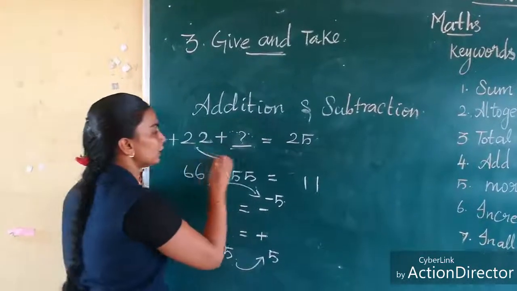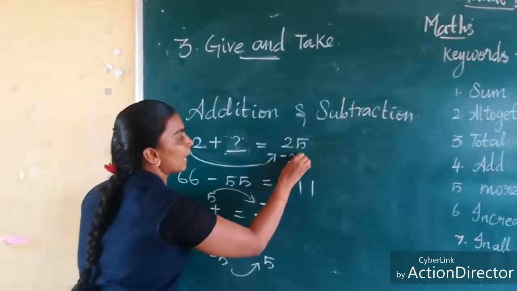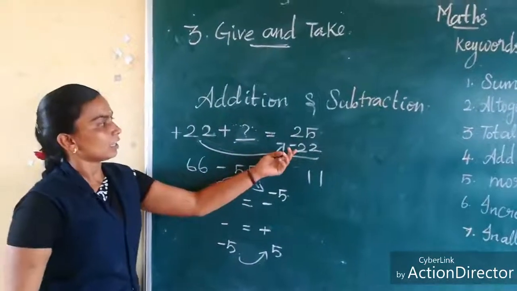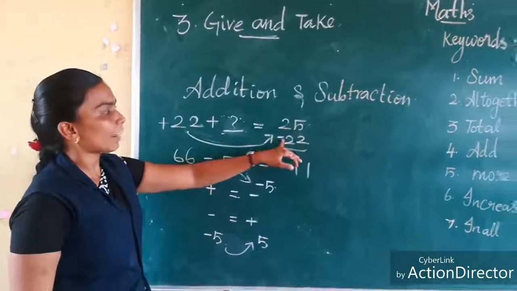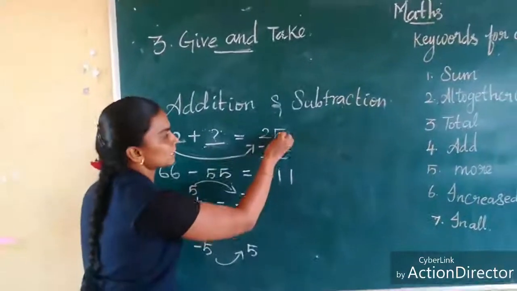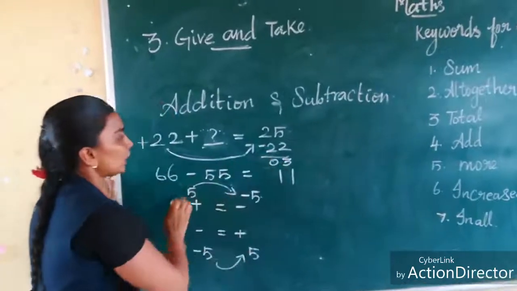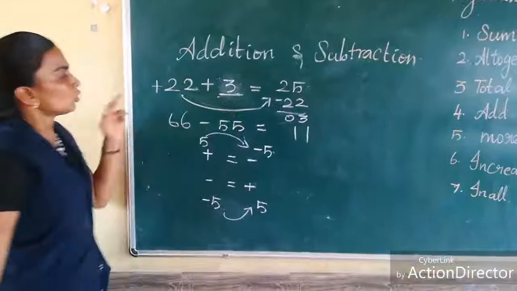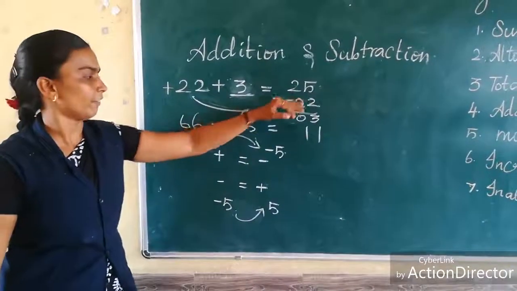Now the plus 22 comes to this side after equal, and it becomes minus 22. So 25 minus 22. What is the answer? 5 minus 2, 3. 2 minus 2, 0. So what is the number? 3. So 22 plus 3 is equal to 25.